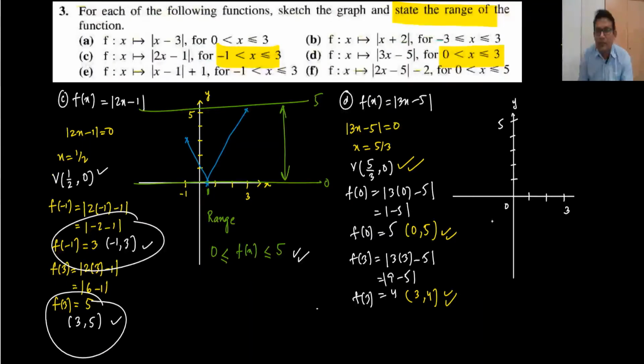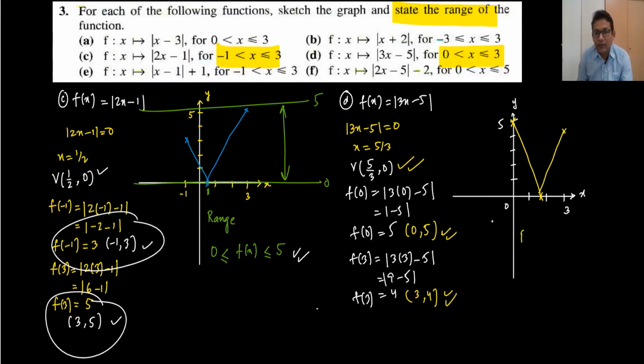This is y, this is x. Now we need the vertex. The vertex at 1.6 is here, and we have 0, 5 here, and 3, 4 is about here, and it is always symmetrical, and we have done it.